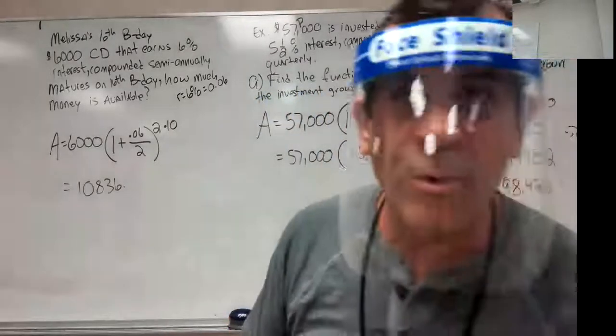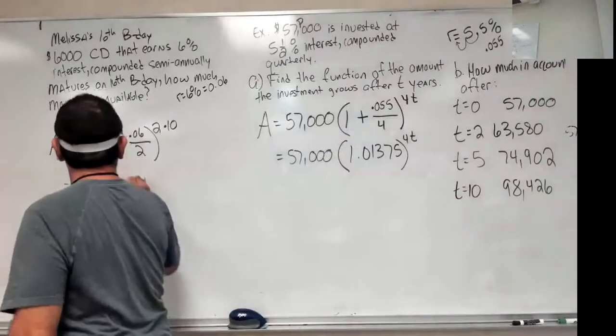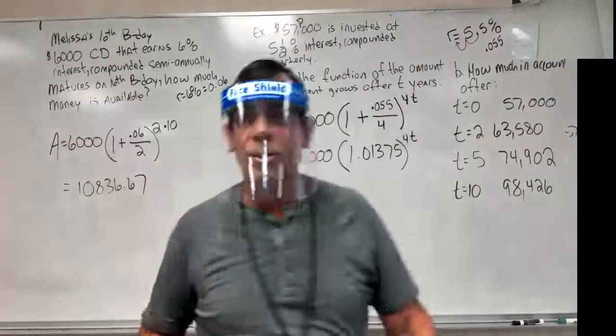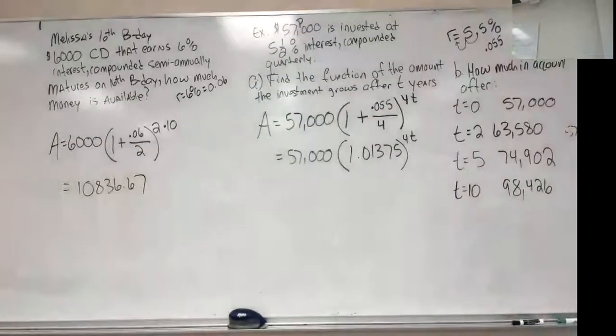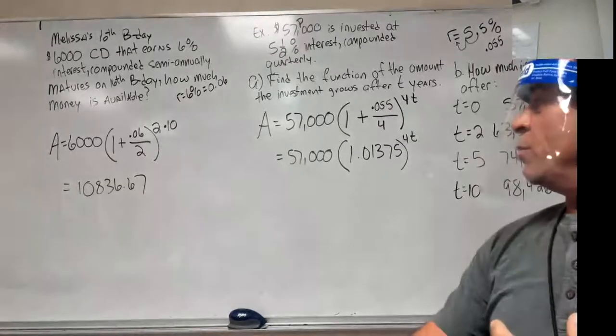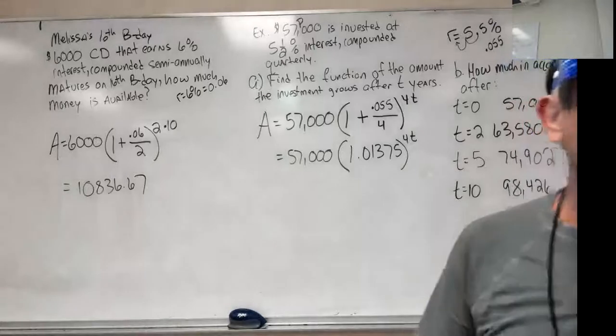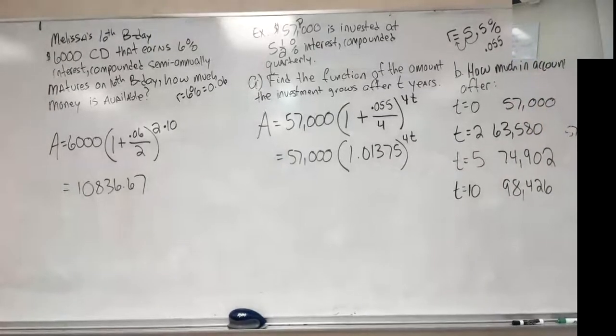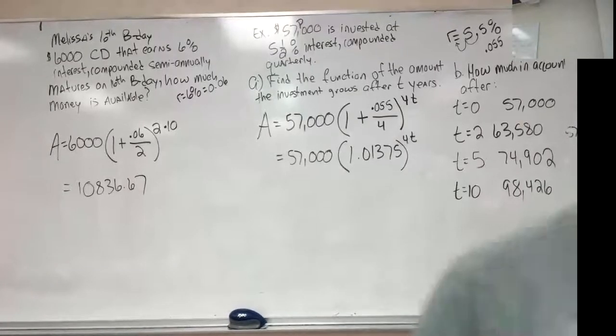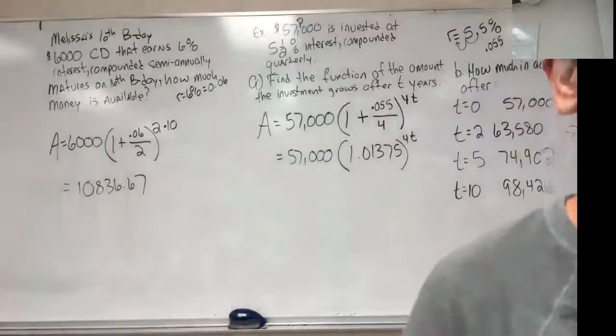So it looks like 67 cents. We're going to get around 10,000. So, didn't quite double her money, but that gave her another $4,836. She'll probably have a pretty nice 16th birthday, right? Maybe.